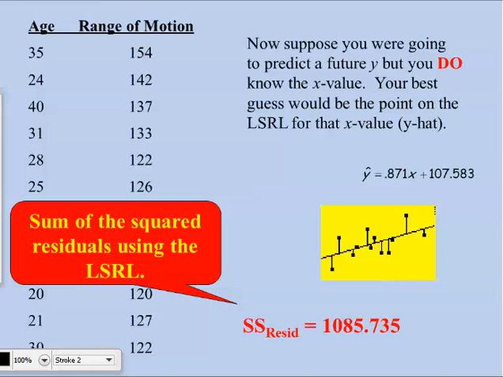So if we use the equation that we came up with, that equation right there, and actually stick in the x value that we wanted, that would be a better value to use rather than just the mean of the y's. If we use that one, what we would get is this number. That would be the sum of squares using the residuals.